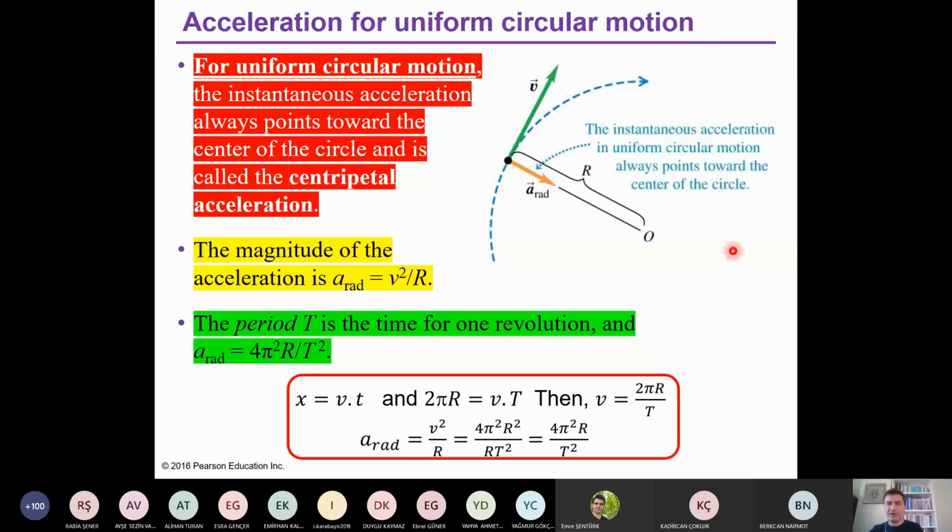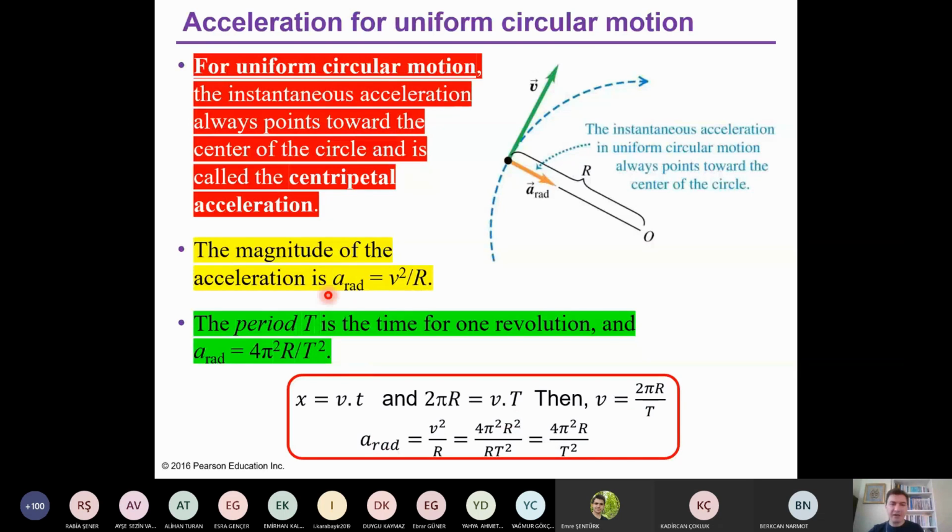Then v is the velocity of the particle traveling in this circle, and T is the time for one revolution. If you take v from this equation, you get the expression for v in terms of T: 2 pi r over T. This is the period, time for one revolution.